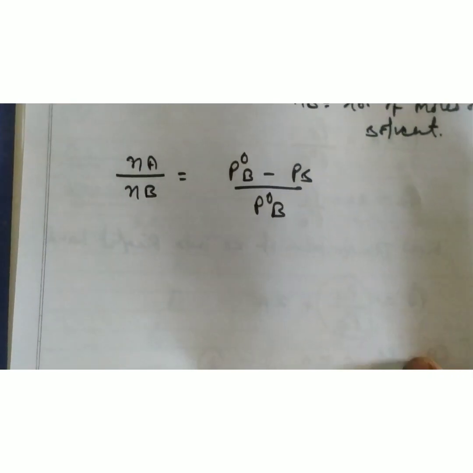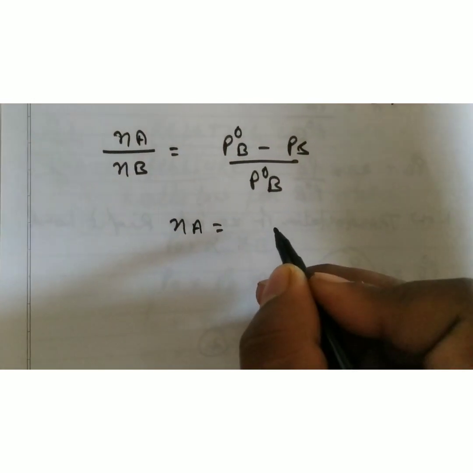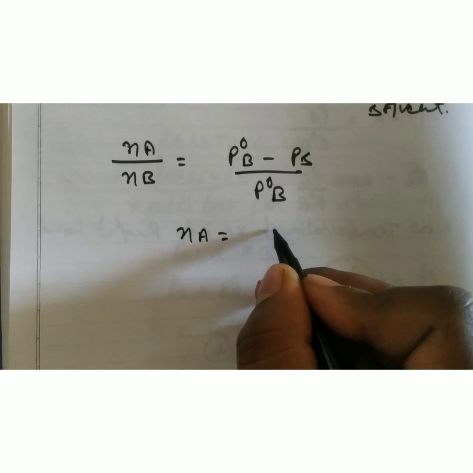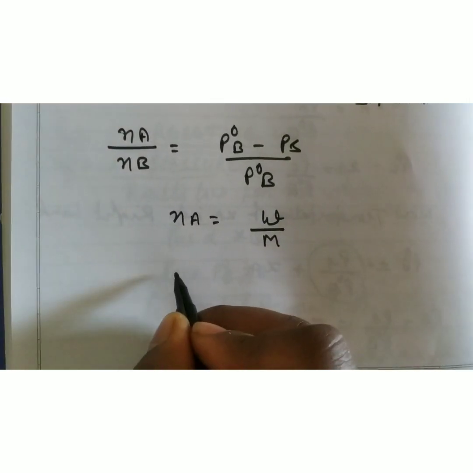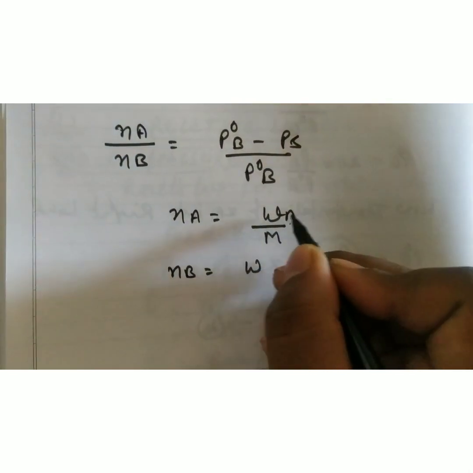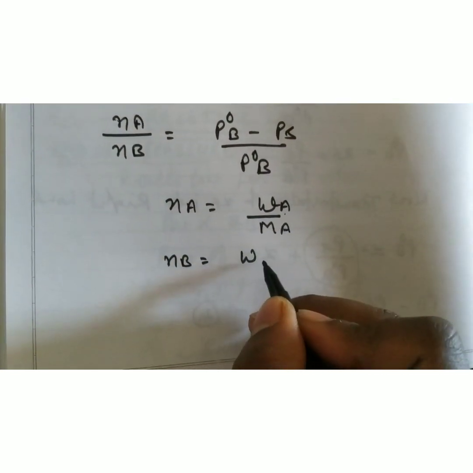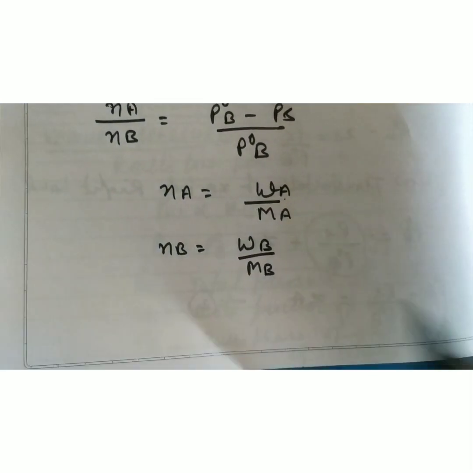And we also know Na, the number of moles of A, is equal to given weight Wa divided by molar mass Ma, while Nb is equal to given mass Wb divided by molar mass of B, Mb.